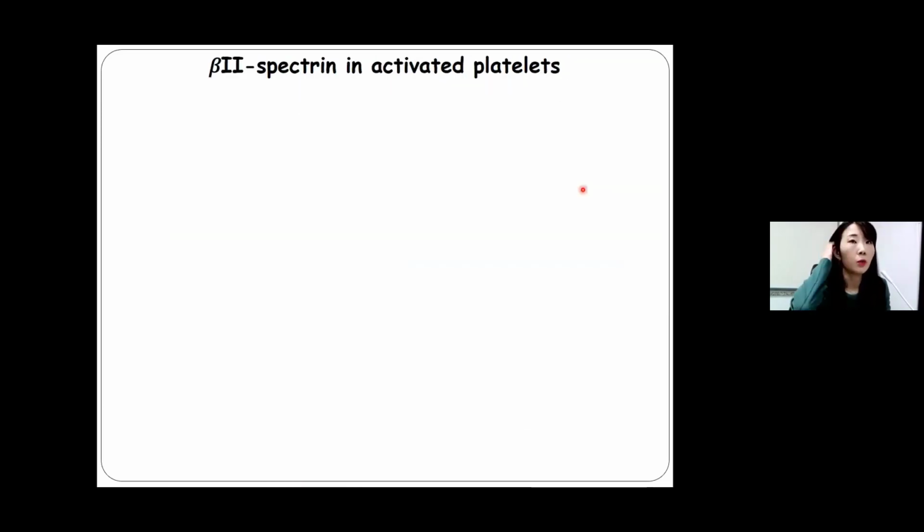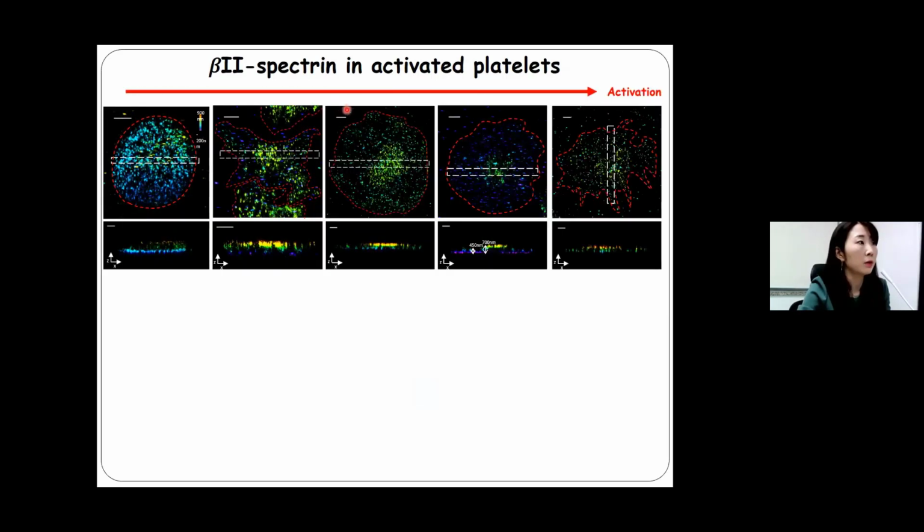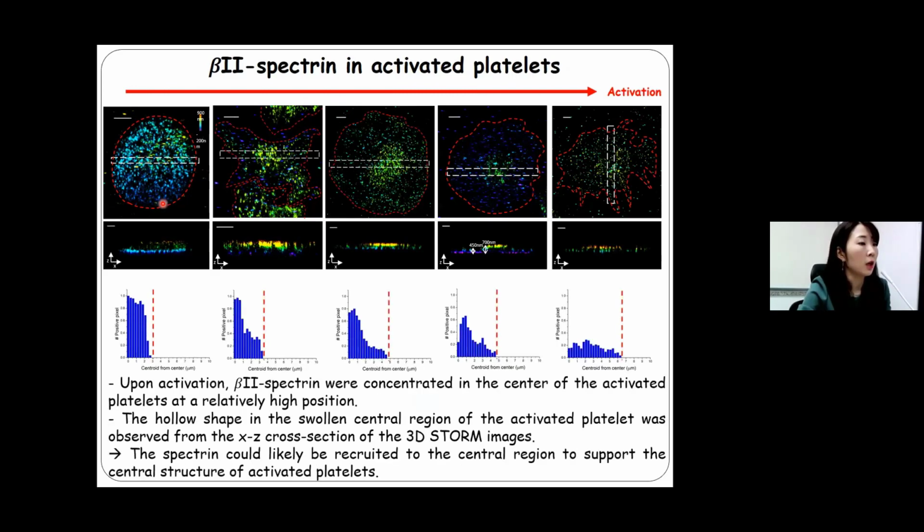Next, we tried to take STORM imaging for other cytoskeletal elements, which are spectrin and vimentin. As you can see here, we could observe that homogeneously distributed spectrin is concentrated in the center of the activated platelet at a relatively high position, from this XZ cross-section of the 3D STORM image.